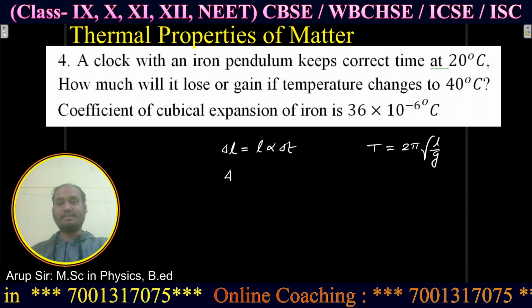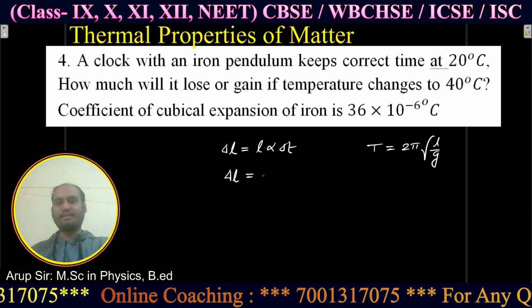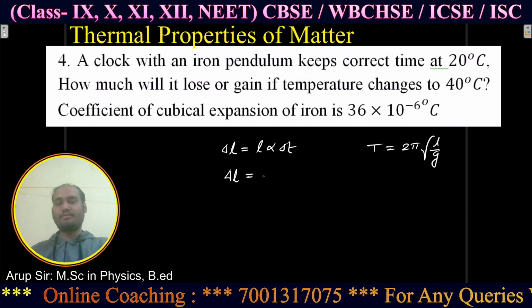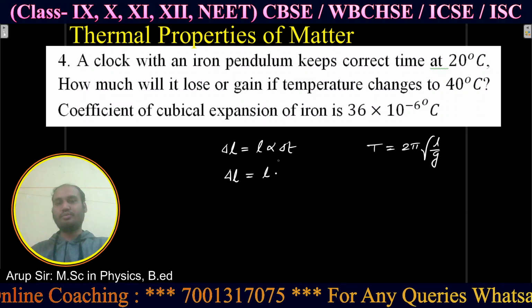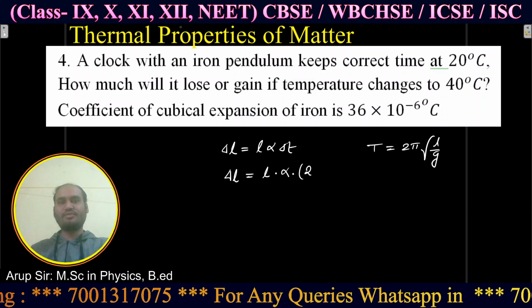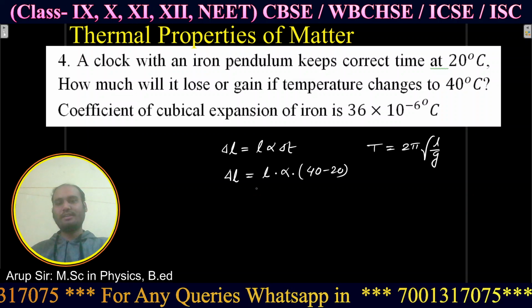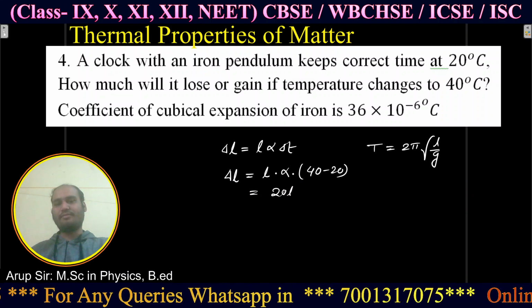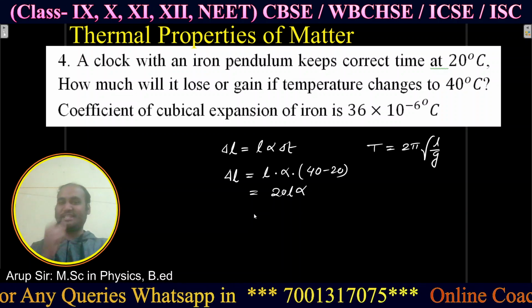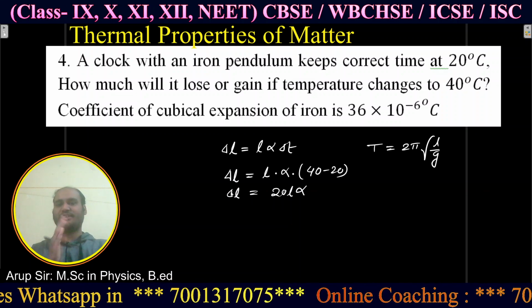Delta L is the change. So delta L is equal to L, the length at 20 degrees centigrade, into alpha into delta T, the change in temperature. So 40 minus 20. So basically we are getting 20 L alpha, which is the change in length for increasing the temperature.